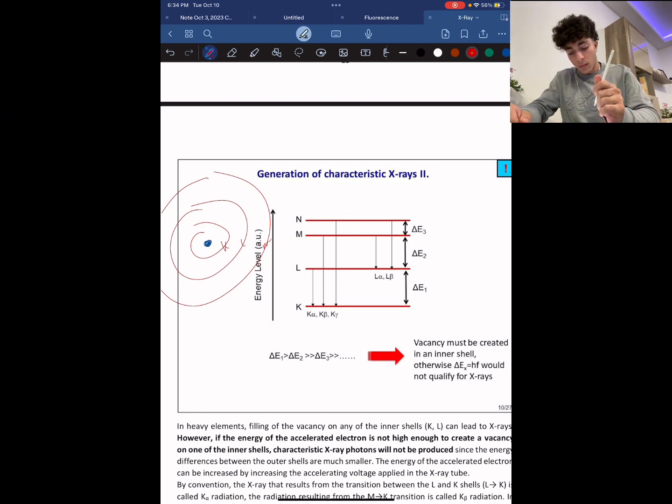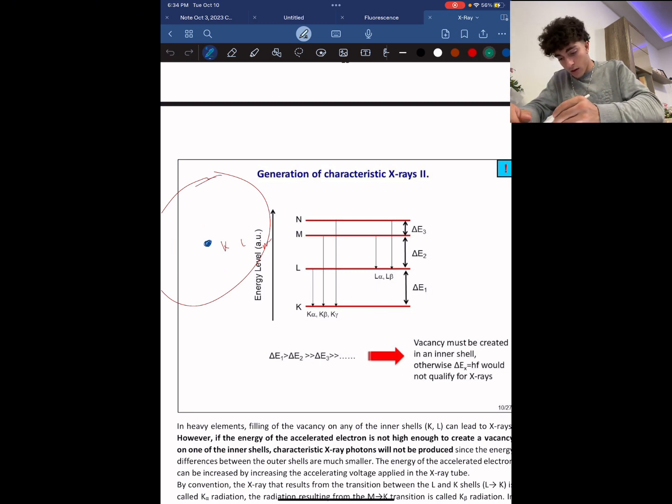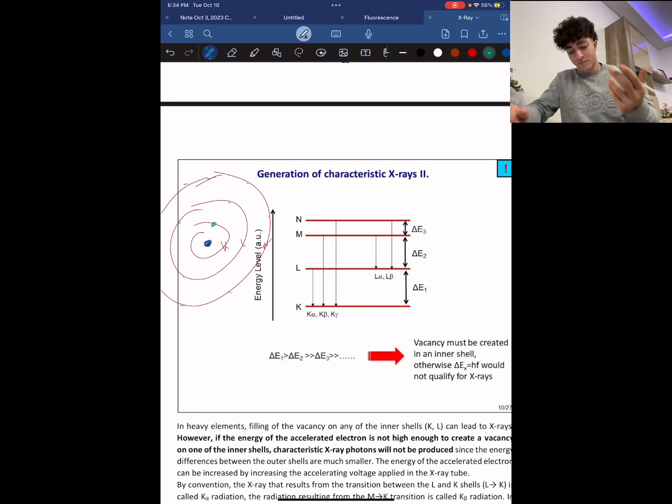Okay. Now, let's say we have electrons here, doesn't really matter. Which one has the highest attraction to the nucleus? It would be this guy, okay? Why? Because it's the closest.